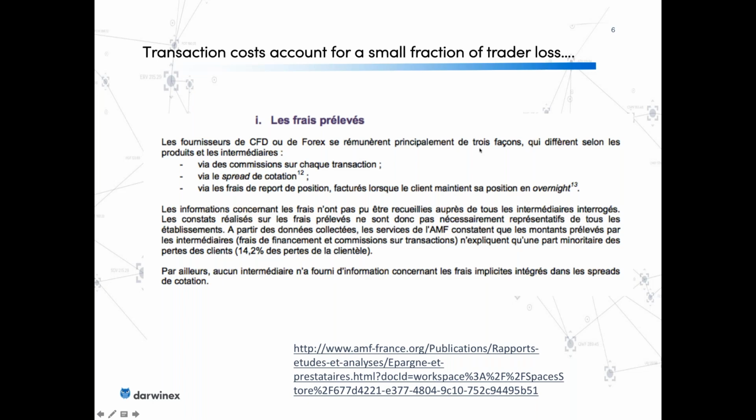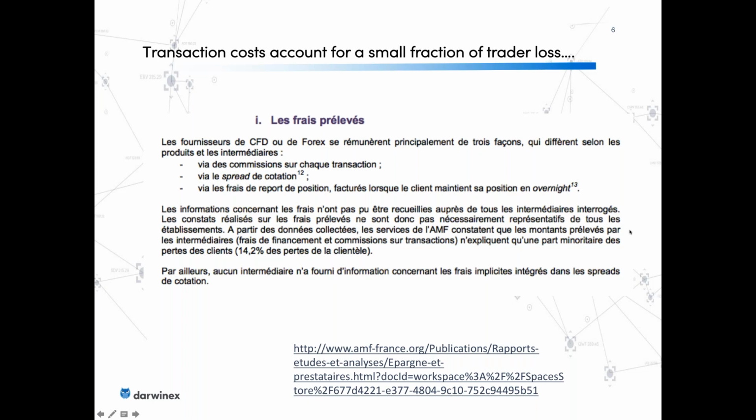And of course, you would expect that because as you trade the markets, you're either paying the spread or commissions, which means even if you were a random monkey, you would end up losing just because of the transaction costs. What really baffled me here was, okay, what percentage of trader losses do you guys think is accounted for by transaction costs?